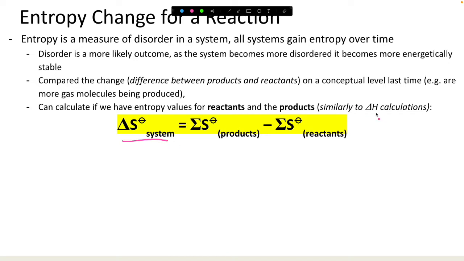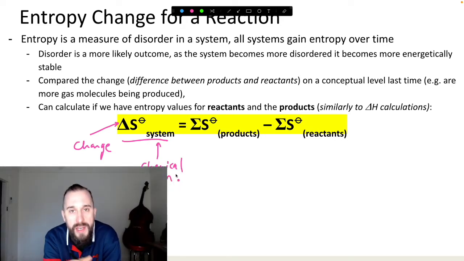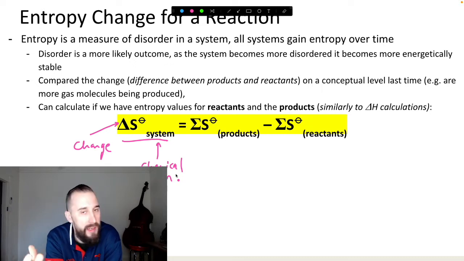We've seen something very similar when we were calculating enthalpy changes for a system. If we want to know the change, the delta sign meaning the change, in entropy at standard conditions, we've got our plimsoll sign there, for a system, where our system in this instance is our chemical reaction, just like we've done with our enthalpy changes, we can look at the entropy after the reaction, look at the entropy before the reaction, and quite simply see how it has changed.